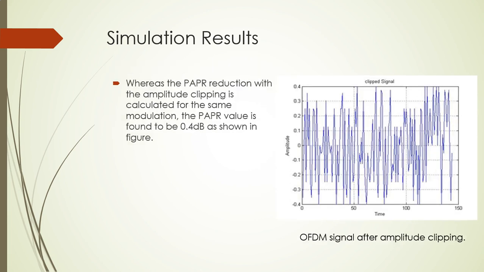Coming to the next condition, the PAPR reduction with amplitude clipping. This is all without the high power amplifier. So when we use amplitude clipping here, the PAPR value is found to be 0.4 dB from the graph, and it is still less than the one without amplitude clipping.